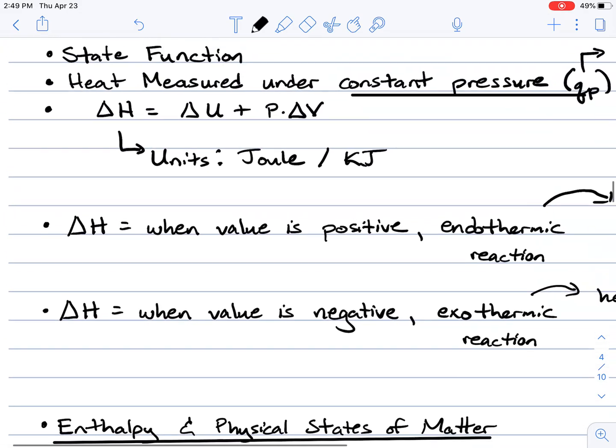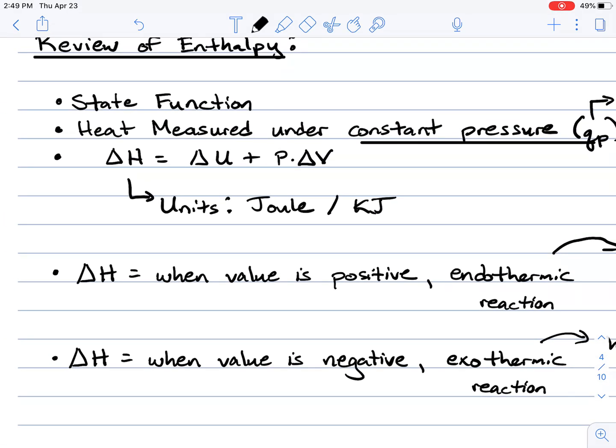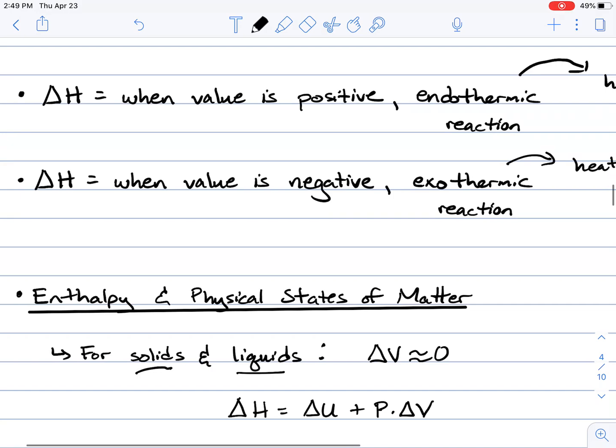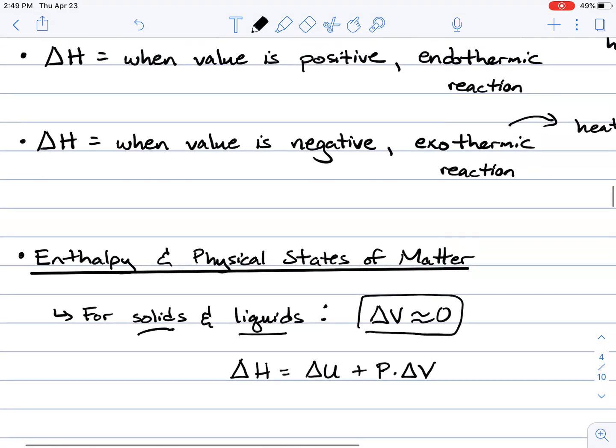And the reason why we care about the volume is because it's seen here in the equation. And so how do the different physical states of matter affect the change in volume, this specific term? For solids and liquids, the change in volume is very minimal, it's minuscule. So we can approximate that value to 0. And so if I plug in 0 into delta V, it would make this whole term equal to 0.